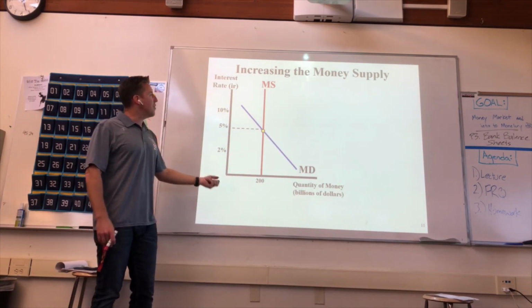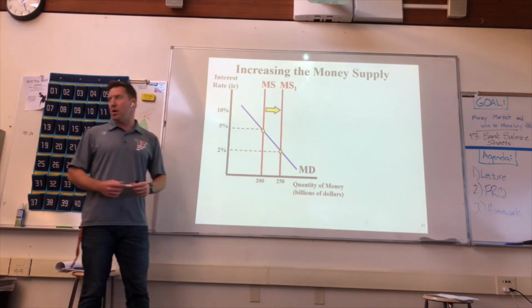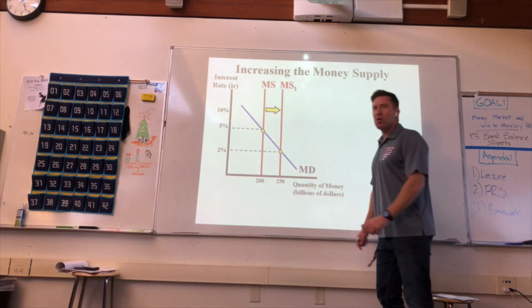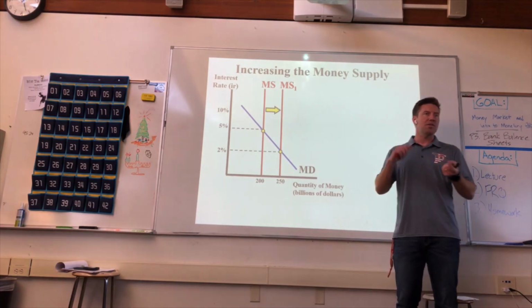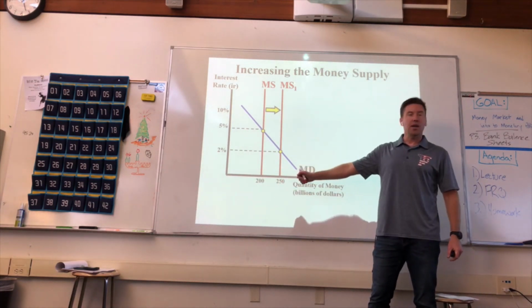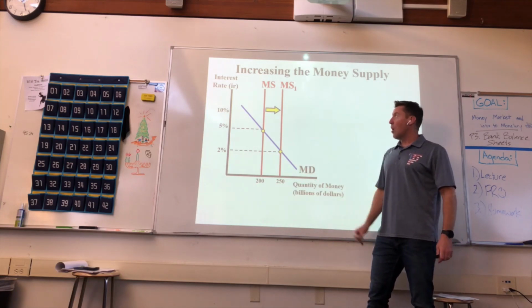But what happens if the Federal Reserve decides to increase the money supply? I'm going to move the money from $200 billion of M1, currency floating around in cash, checking deposits, traveler's checks, and grow the money supply to $250 billion.